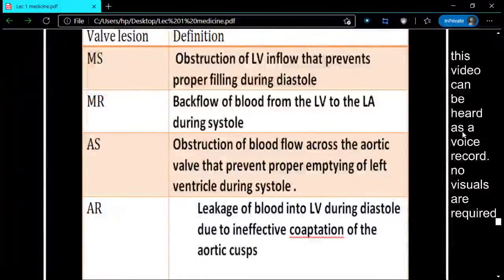The AR is leakage into the left ventricle during diastole, due to coaptation ineffectiveness.